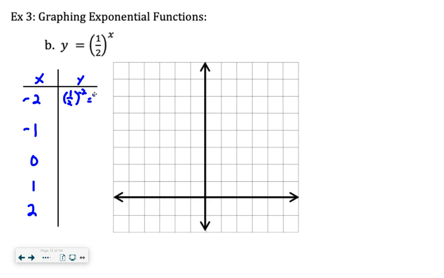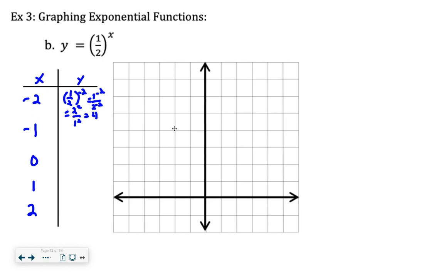And this would be 1 to the negative second power over 2 to the negative second power, which I could just rewrite, making those exponents positive. I could rewrite that as 2 to the second power over 1 to the second power, which would be 4 over 1. So the point -2, 4 is on this graph.